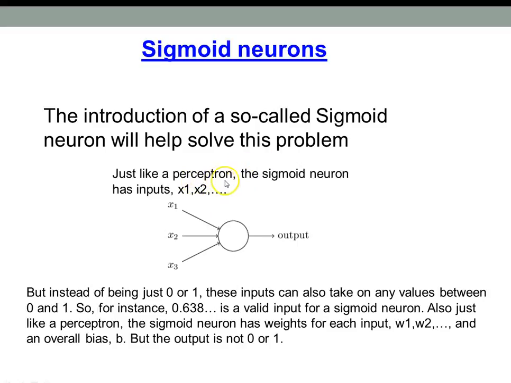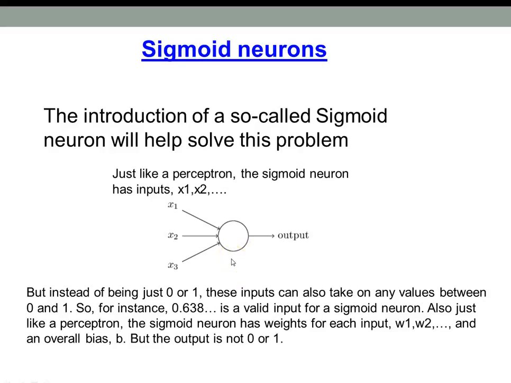Just like a perceptron, the sigmoid neuron has inputs like this. But first of all, we're not stuck with just 0 or 1 inputs anymore. These inputs can take any values between 0 and 1, so this would be okay as an input. Also, just like a perceptron, the sigmoid neuron has weights, so we also have weights here, and an overall bias, but the output is not necessarily just 0 or 1.